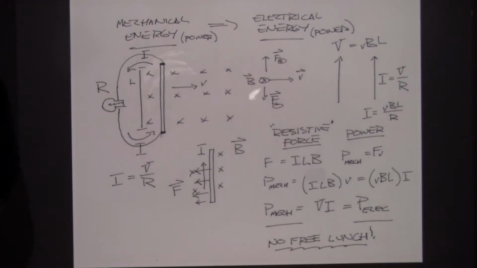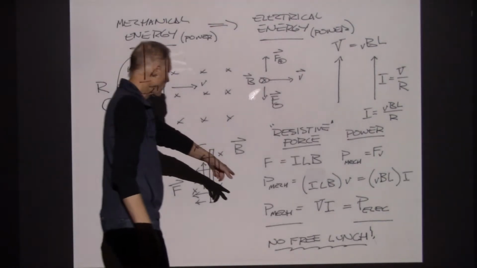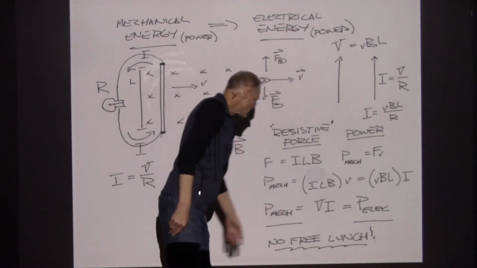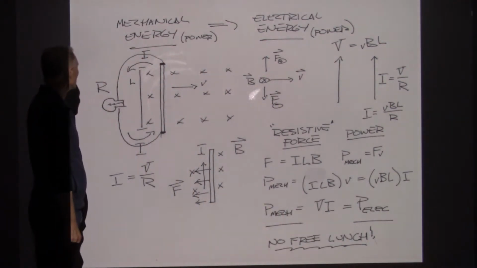So if we can get a generator that can spin with no friction at all, will the generator operate freely forever? Can we just generate electricity forever without having to drive the generator with any mechanical type of energy? And let's see why that doesn't happen. So the bottom line here on this slide is no free lunch, and let's see what happens here.